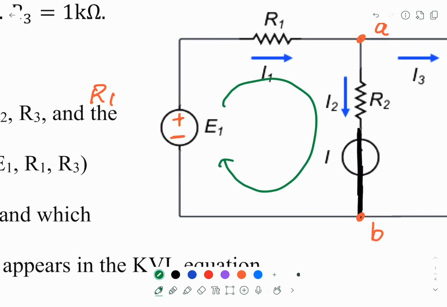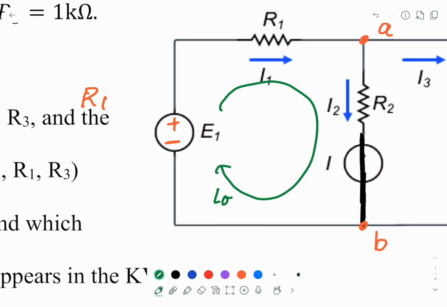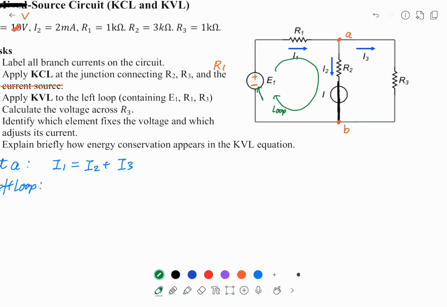These rules say we look first at the path or the loop we choose. Can you see here? When we look at this loop, the loop enters E1, the power source, from the negative side. So we'll say this is negative E1.